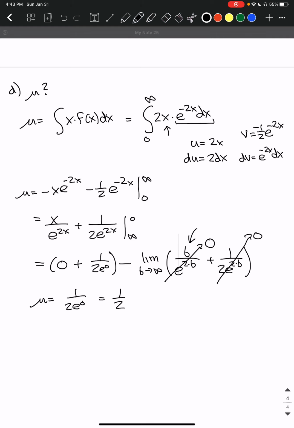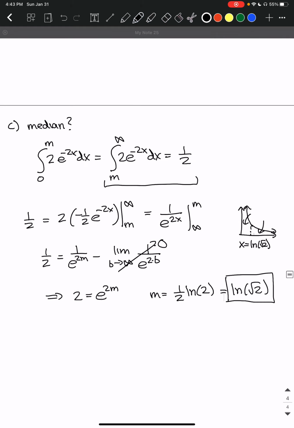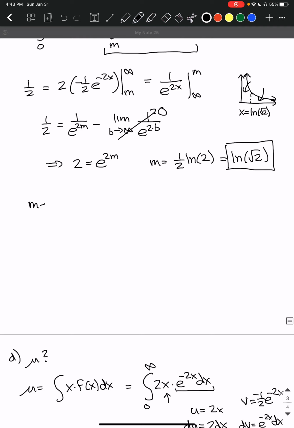Okay, so let's go ahead and talk then really quickly about the median versus the mean. So we said the mean was equal to a half, whereas the median we said was equal to the natural log of root 2, which is, I wrote it down somewhere, yeah, 0.35.